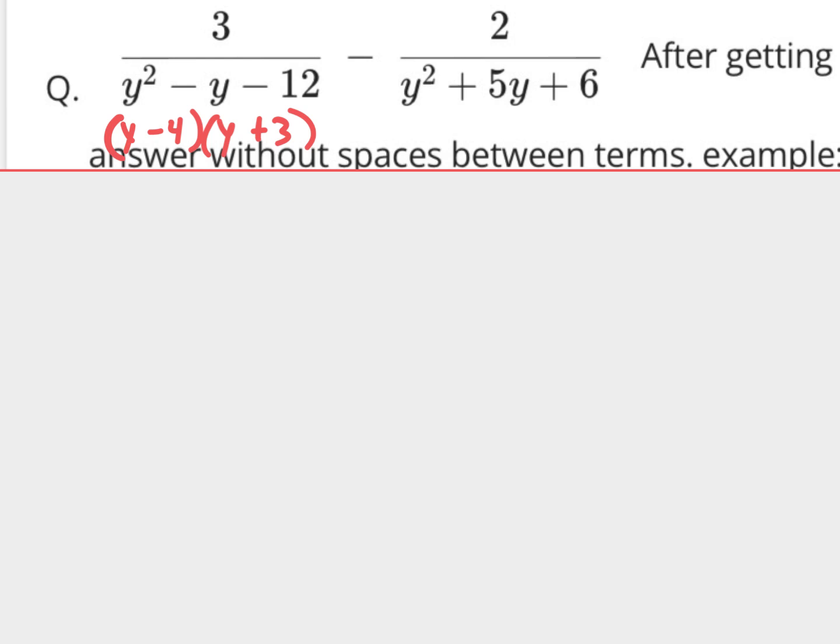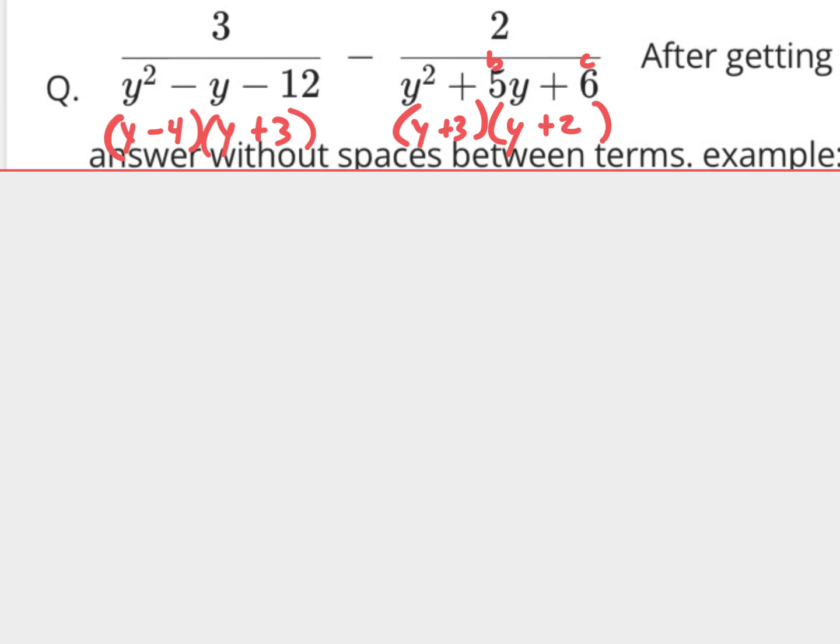And the second fraction, also a quadratic trinomial with the a value of 1, you could put the y, and think what times what is 6, that if you combine together is the middle value 5.